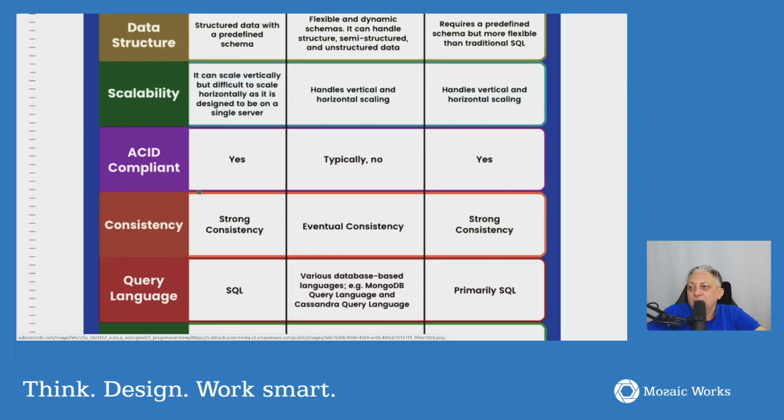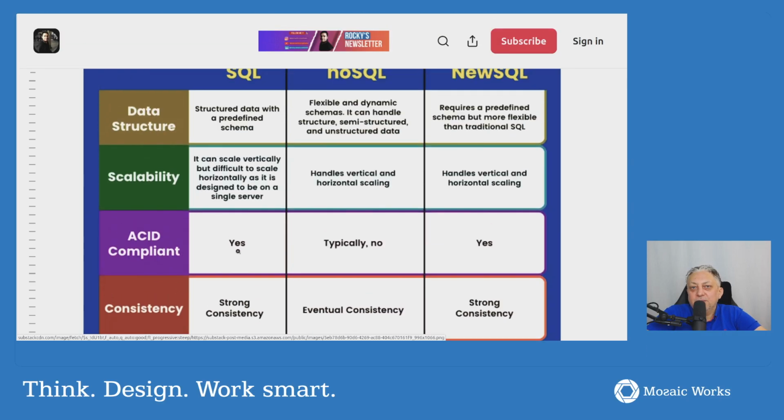ACID compliant. SQL is ACID compliant. This is basically that it ensures a transactional behavior, to simplify. It's more complicated as usual, but we'll simplify for the goal of this video.